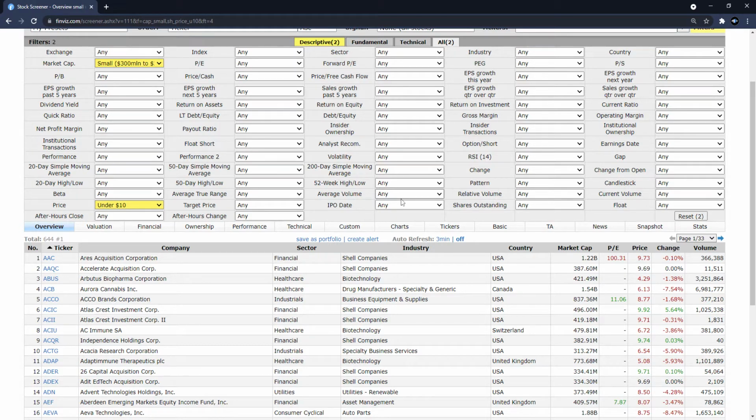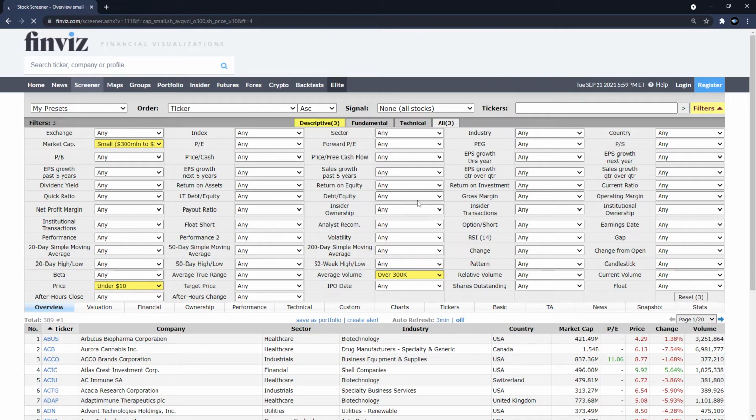What I personally like to do is click over 300 to 400k, sometimes even 500k or over a million. But in this case, we're going to go with over 300k. We really want the stock to be tradable, liquid, and the volatility to be on point.